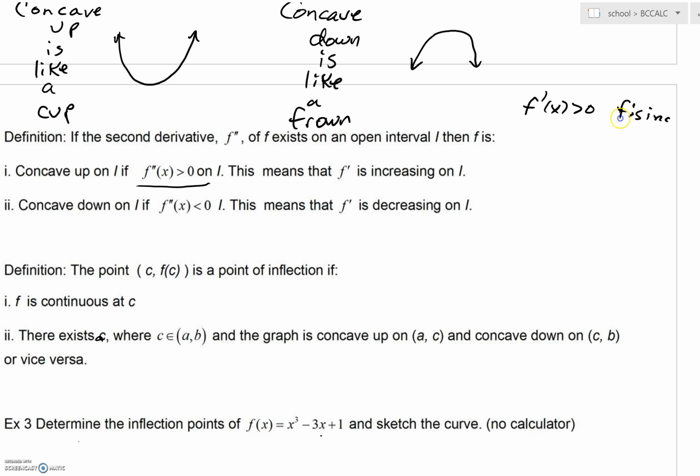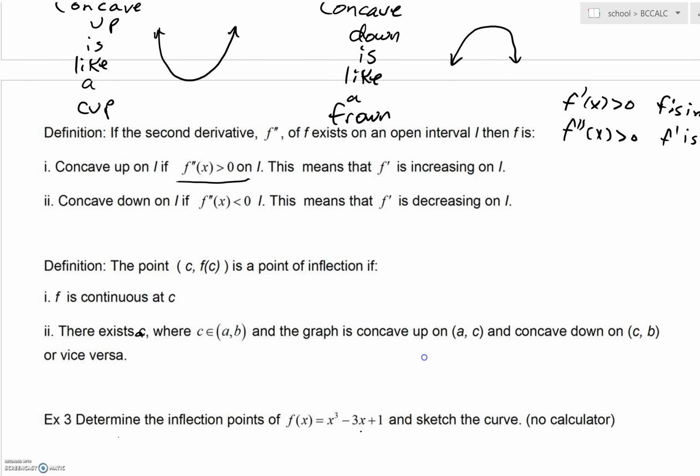We can extend that to say if f double prime of x is greater than 0, then look at the function right before it, the one you would have taken the derivative of to get to this second derivative. That would be f prime right here. F prime, we could say, is increasing. So that's another way to write it.